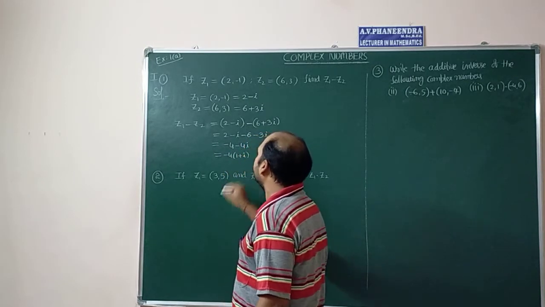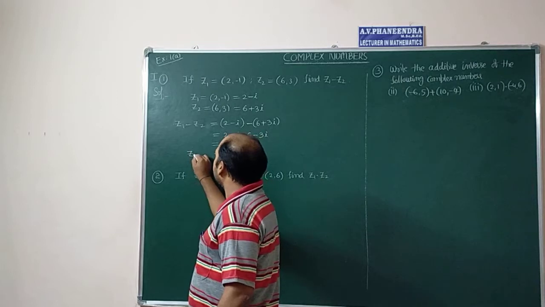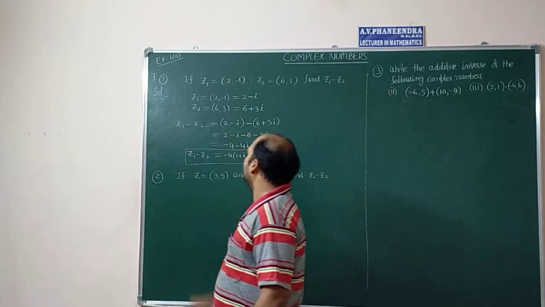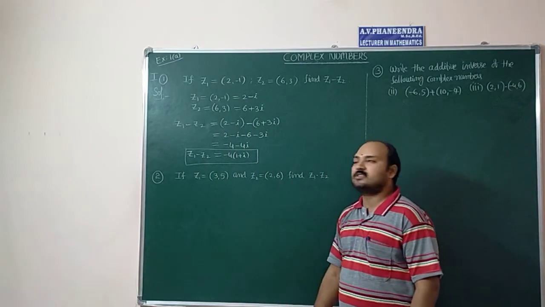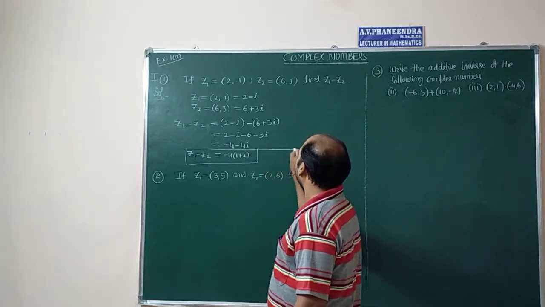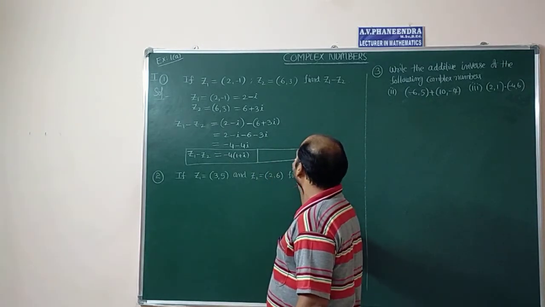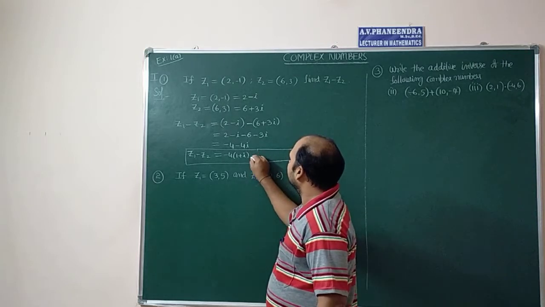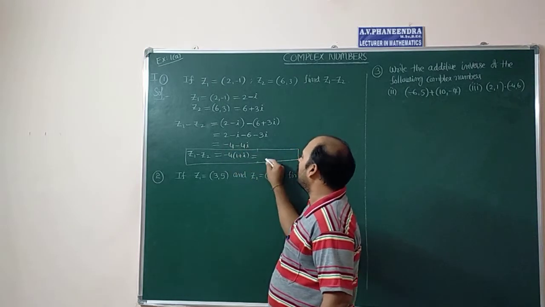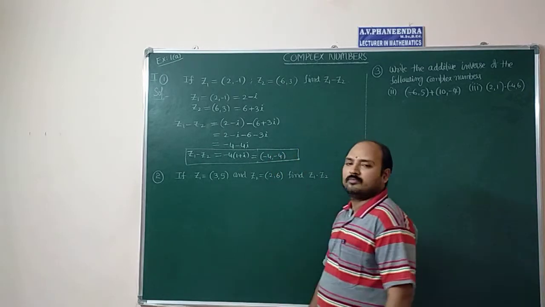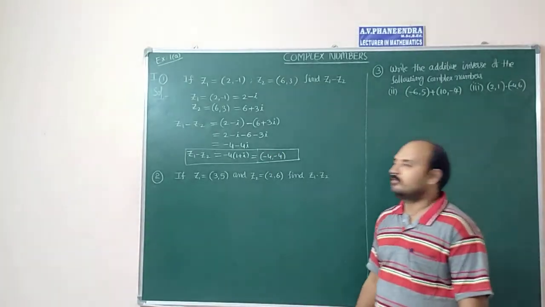Like this also we can write. Therefore, the difference of the complex numbers z1 minus z2 is equal to minus 4 into 1 plus i. Otherwise, we can write it in this form also, minus 4 minus 4i. This can be written as minus 4 comma minus 4. In that form we can express.